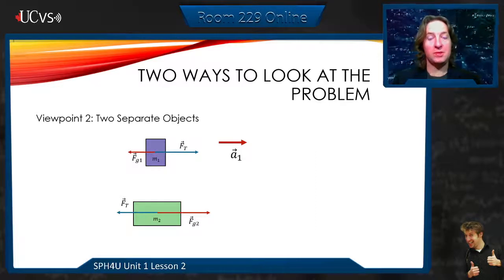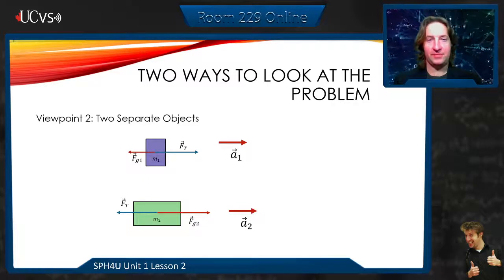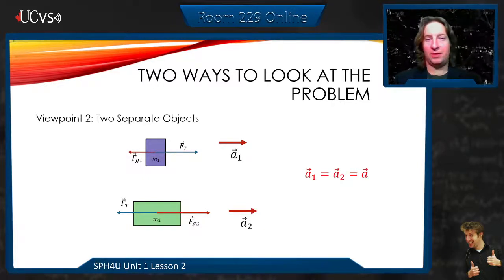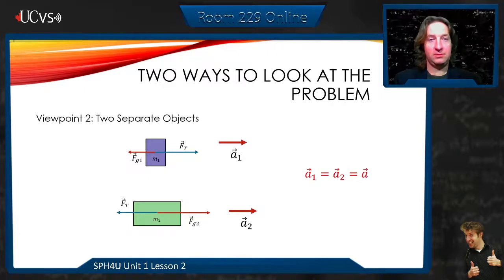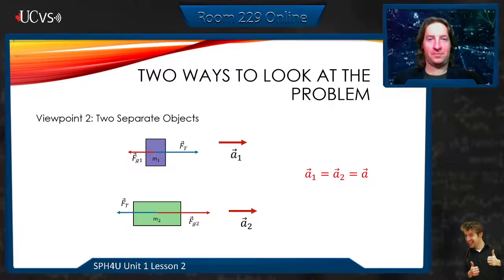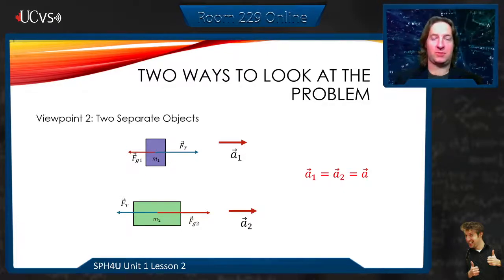Similarly, Fg2 is much larger than the tension force, which will provide an acceleration to the right. And keep in mind that those two accelerations are equal, and we're going to call it just A, which is the same A that we looked at in our first viewpoint. Okay, so we're going to have to use both these viewpoints for solving different types of problems.